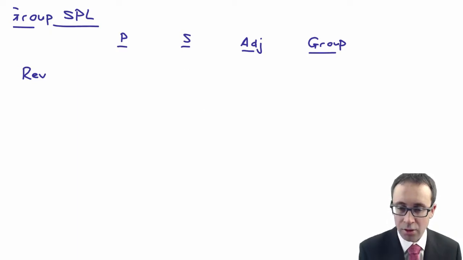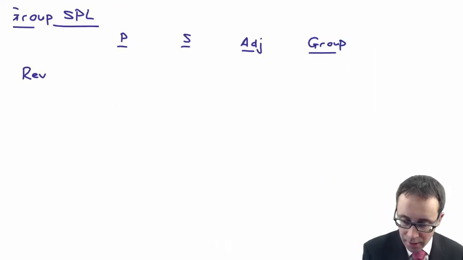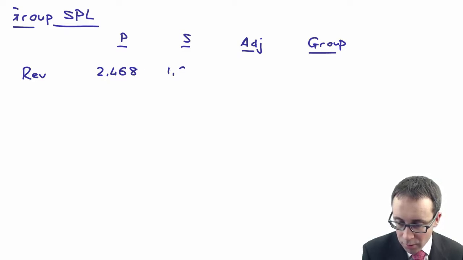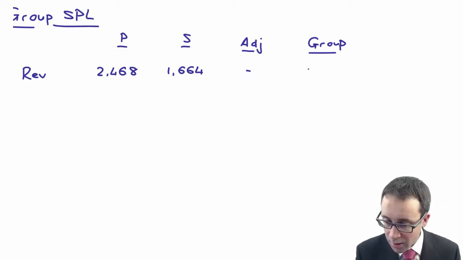There are no adjustments. There's nothing else that's going on. Okay, so 2468, 1664. There's no adjustment. There's no intracompany sales, are there? So 2468 plus 1664 gives me there, is it 4132.